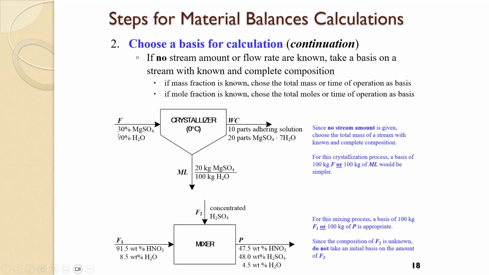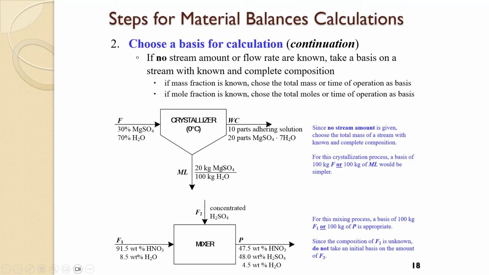So in this case, you can say F is 30% magnesium sulfate, 70% water. Here, the wet crystals: 10 parts adhering solution, 20 parts magnesium sulfate heptahydrate, and then the mother liquor is 20 kilograms of magnesium sulfate per 100 kilograms of water. So this is a composition, that's a composition, that's a composition, nothing is stated.